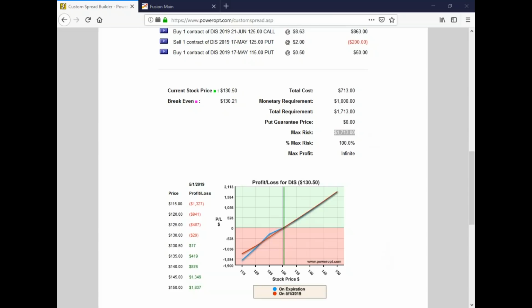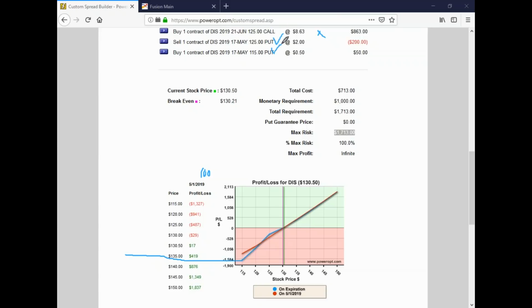Now, it didn't go all the way, so let me get a better pen color here for us. It's going to be the light blue color. And what we'd see here at 115 is now this falls off. So right about that $1,713, you can't lose more than that. Even if the stock fell to $100 per share, what would happen? The call would expire. If you didn't close the bull put, you'd be forced to buy shares of stock at 125.